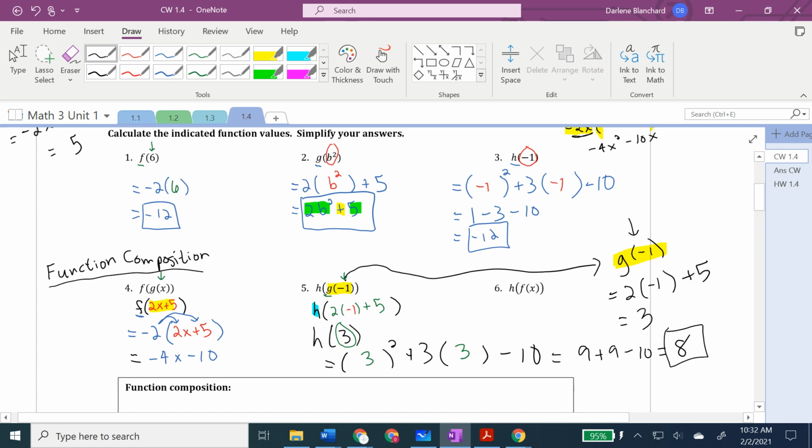Some things to notice. In number 4, you were having the x variable at the very center of all of this. For number 5, you had a number at the center of all of this.